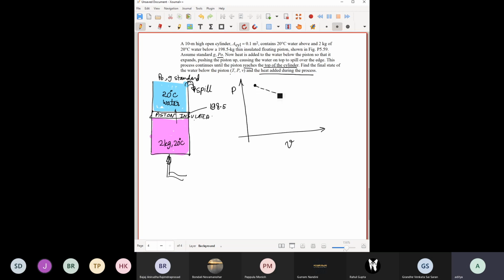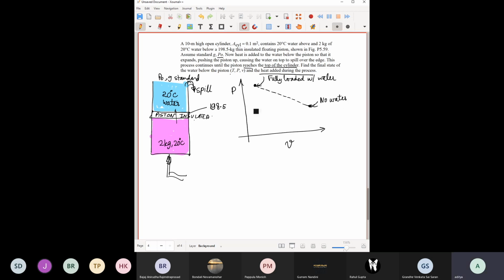So you expect the curve to be something like this. This was fully loaded with water, and finally the piston has reached the top, so over here you have no water.